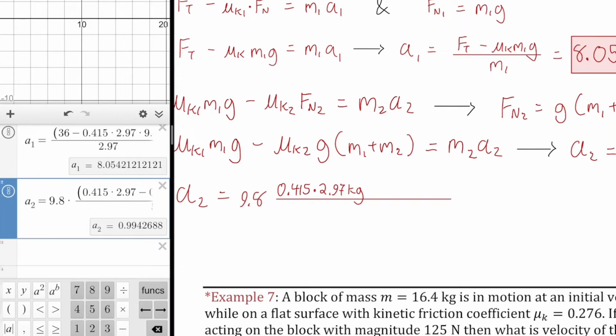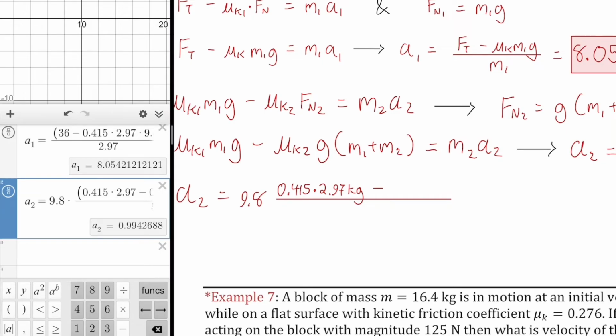Another way that we could have made sure block 2 got pulled along, with a non-zero acceleration, is to either make this friction coefficient between the blocks larger, or to make block 1 more massive, up to a point, because making block 1 more massive means there's overall more force pushing into the table, which makes whatever friction exists between the table and block 2 more effective at slowing it down. So it's kind of a double-edged sword in that case. But on the other hand, it could at least move us in the right direction, in terms of having a system that accelerates.